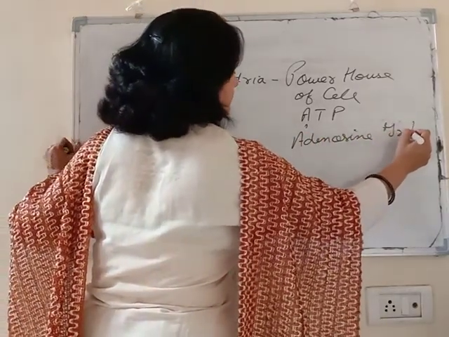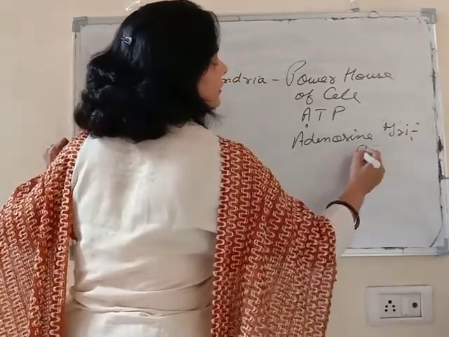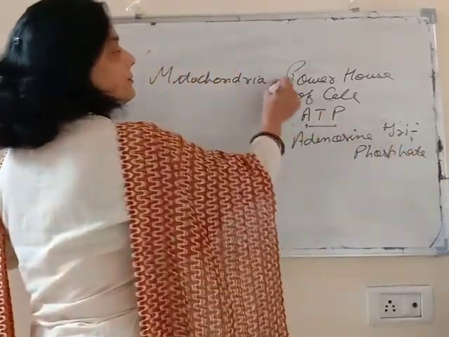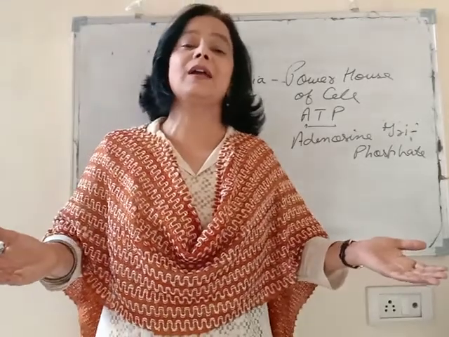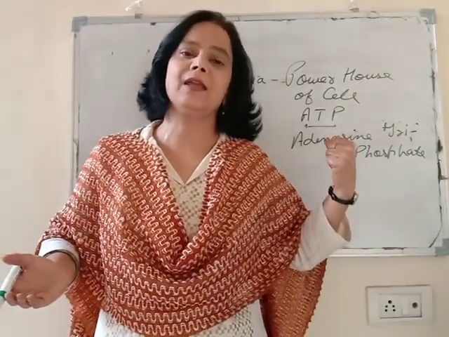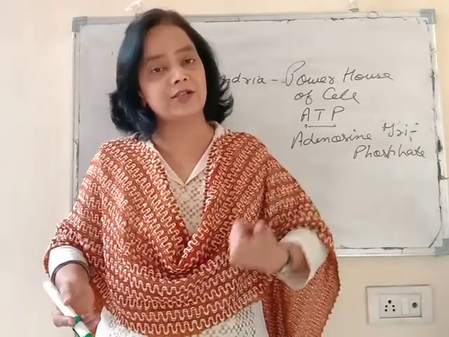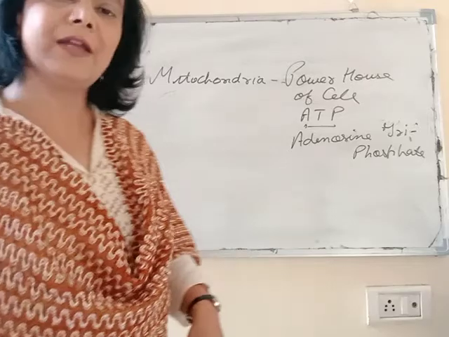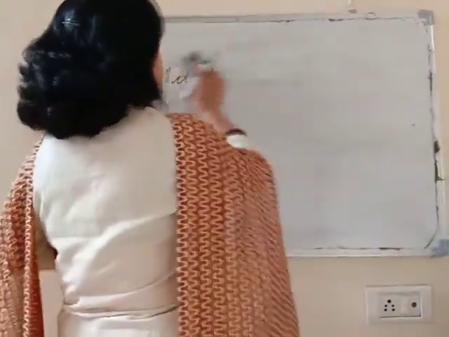Triphosphate, TRI and then phosphate, so there are 3 phosphate groups. Wherever energy is required in a body, this ATP helps the biochemical reaction or process to occur.